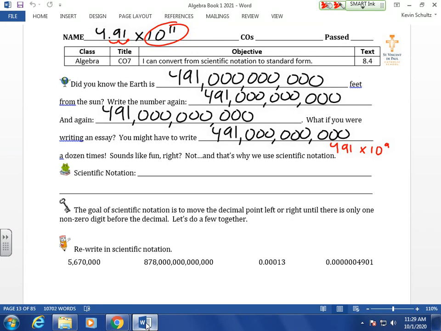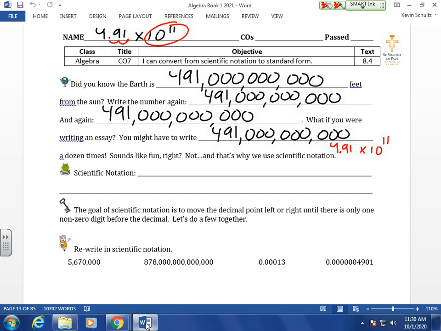It does do that, but the rule is you have to have one non-zero digit to the left of the decimal point, which is why we put it between the 4 and the 9. And that's how we get 11 here. The 9 zeros, yes, but then 2 more movements to get between the 4 and the 9.